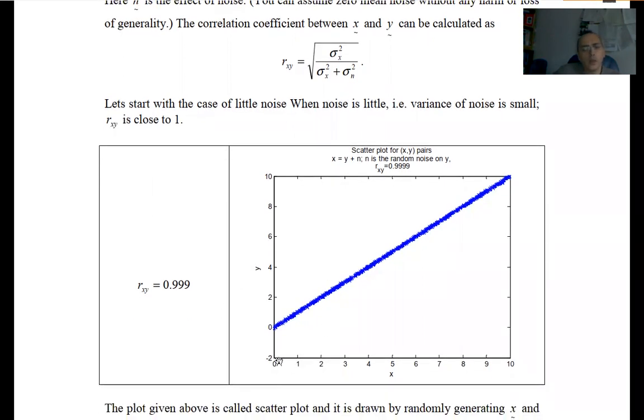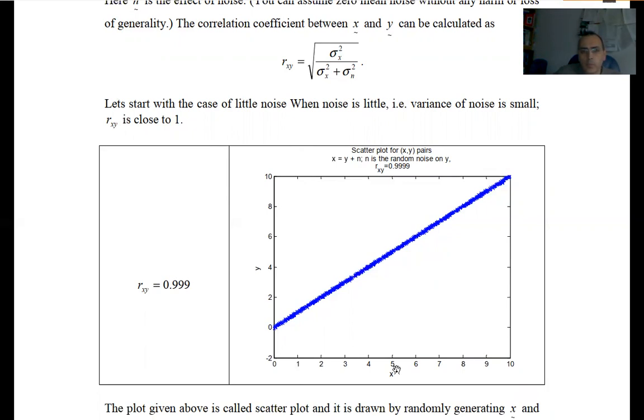X is a uniform distribution between 0 and 10. It acts as a fixed random distribution, I should say. N is Gaussian noise added over X, and its variance is adjusted such that the correlation coefficient is 0.999.